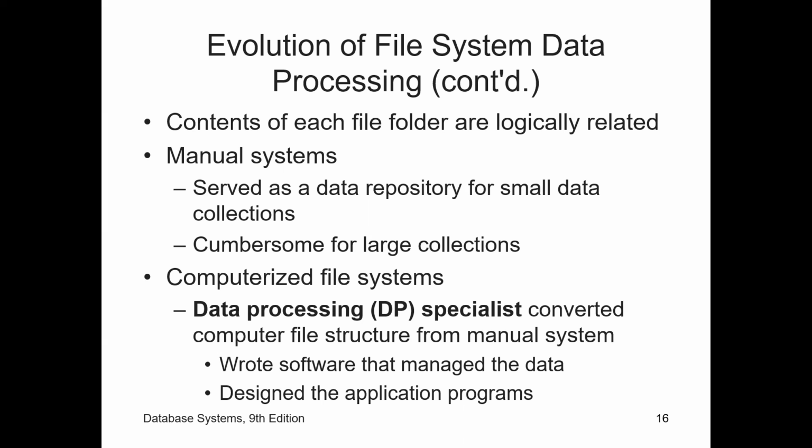In fact, some business managers faced government-imposed reporting documents that required weeks of extensive effort each quarter, even when a well-designed manual system was used. Therefore, a data processing specialist was hired to create a computer-based system that would track data and produce required documents. The data processing specialist converted manual file systems into computerized file systems.